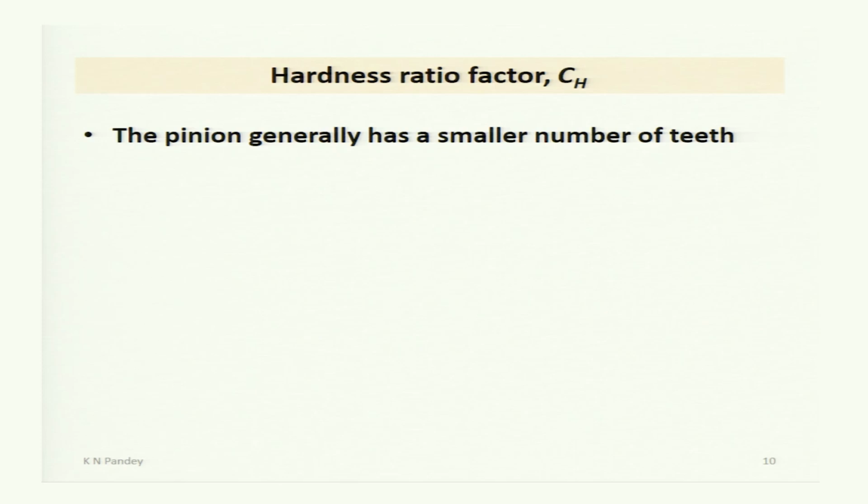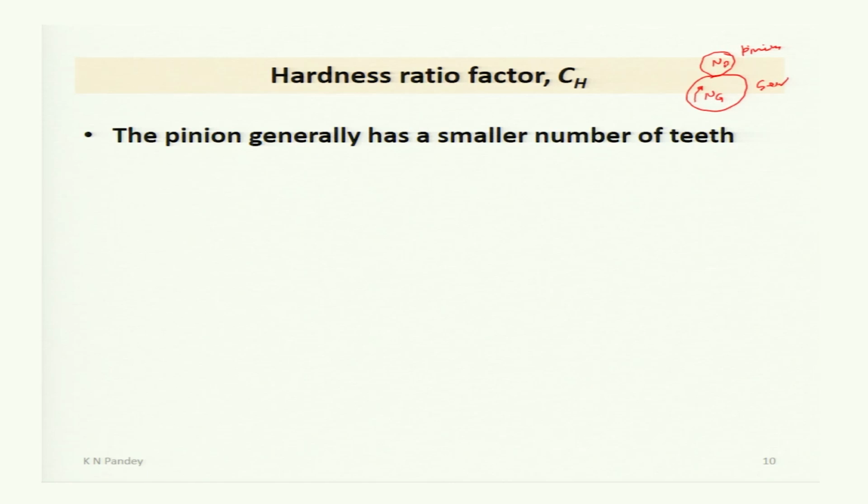Now, the hardness ratio correction factor, which was not used in the bending fatigue strength: the pinion generally has a smaller number of teeth, because in the gear mesh the smaller gear is called the pinion. This is the pinion and this is the gear. Let the RPM of the gear be Ng and the RPM of the pinion be Np.